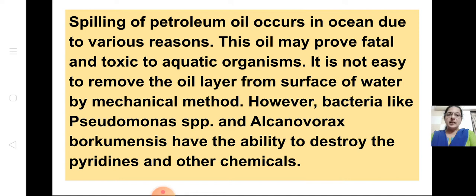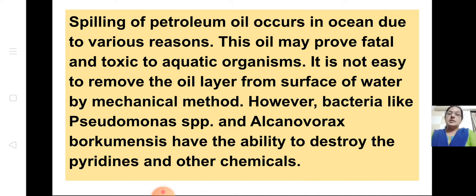It forms a layer on top of the water that prevents oxygen from entering the water, and due to that aquatic organisms die, because they survive with the help of oxygen. And it is not easy to remove this oil layer from the surface of water by mechanical method.